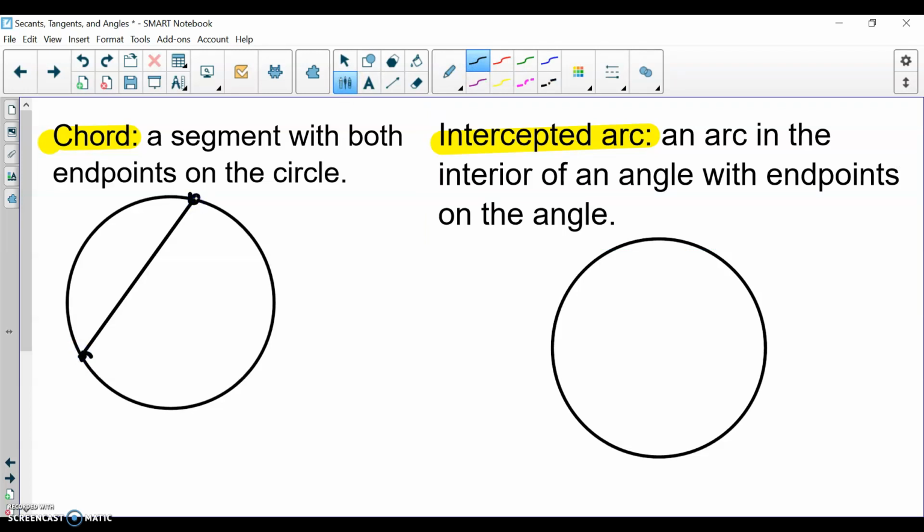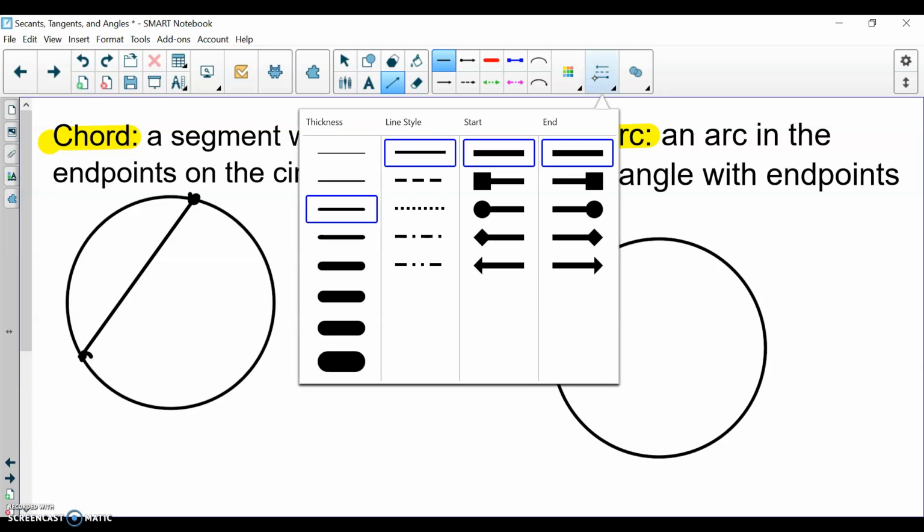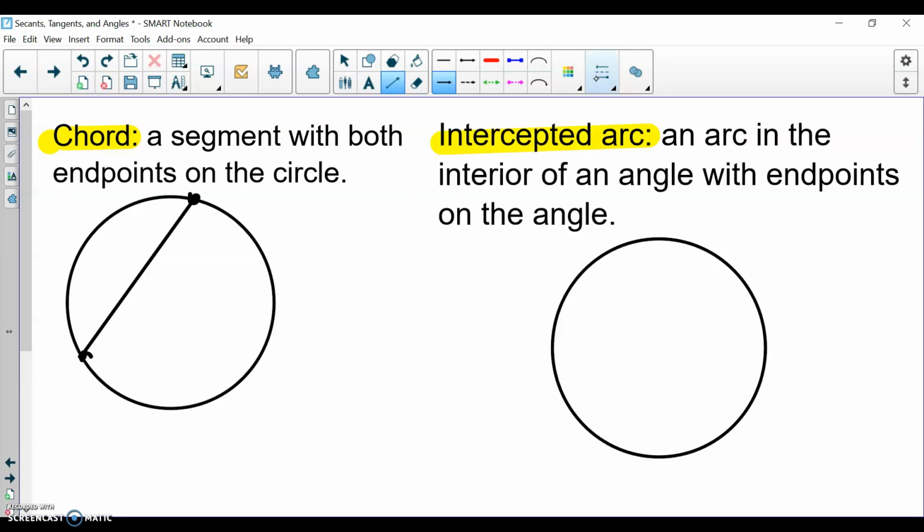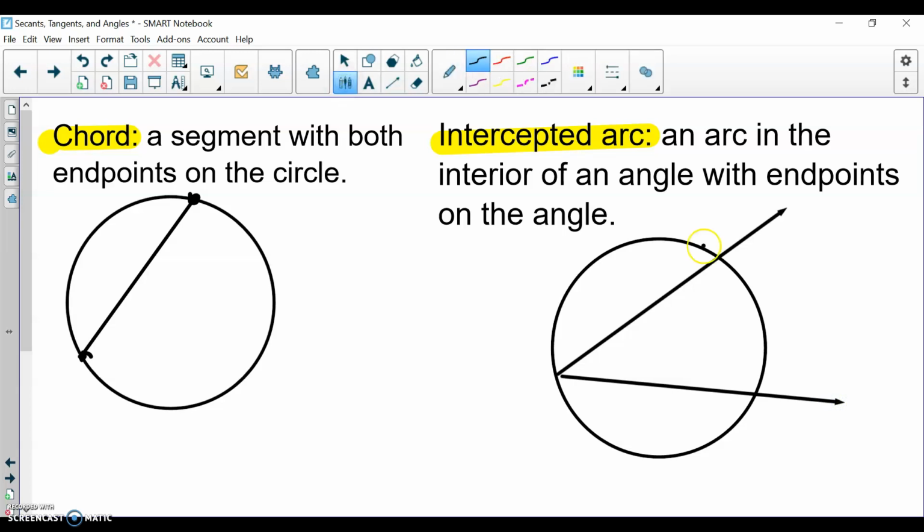And then an intercepted arc is an arc in the interior of an angle with endpoints that are on the angle. So we can work with something like an inscribed angle from the previous lesson. Inscribed angle has its vertex on the circle. And we can maybe call this inscribed angle, angle ABC.